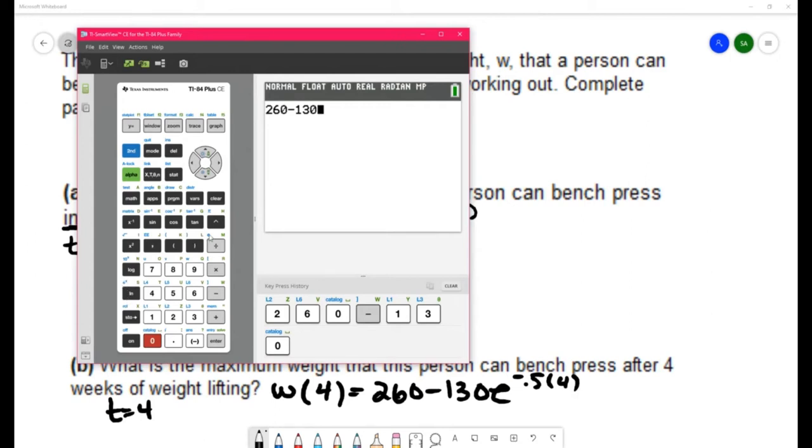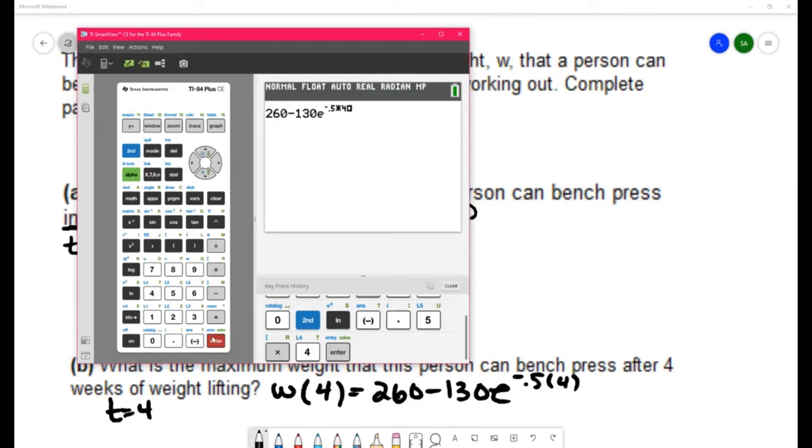They're both in blue, and I'm going to use the one above the ln since I'm going to be typing into the exponent of that e. We have negative 0.5 times 4. So that gives 242 pounds.